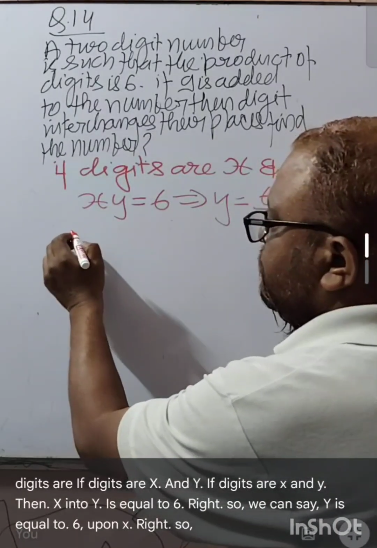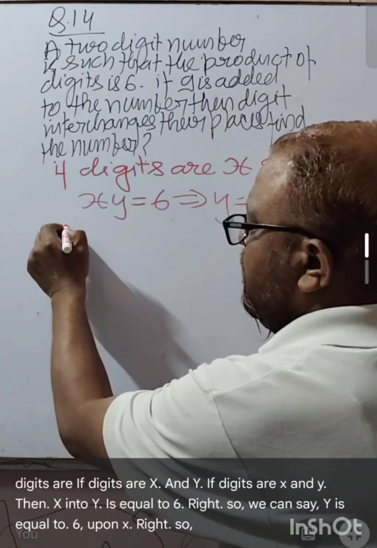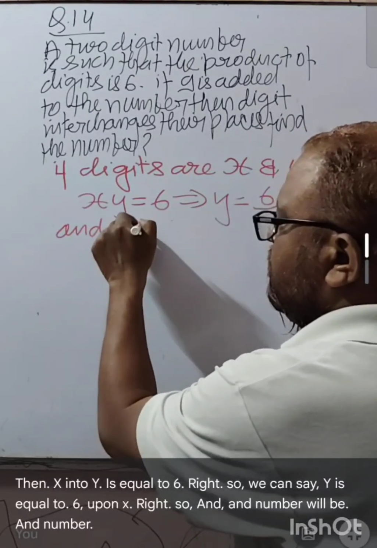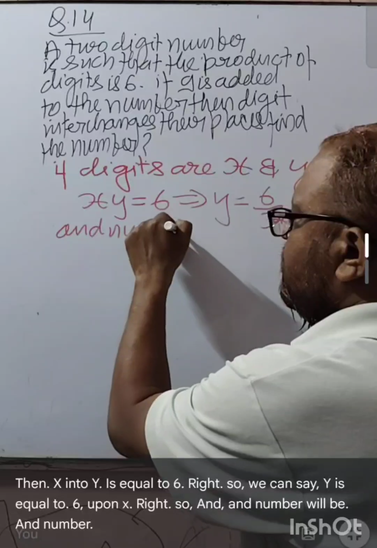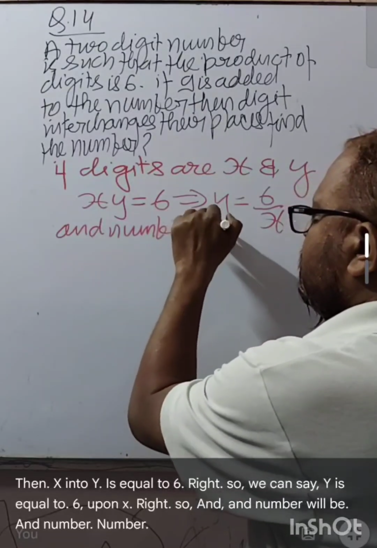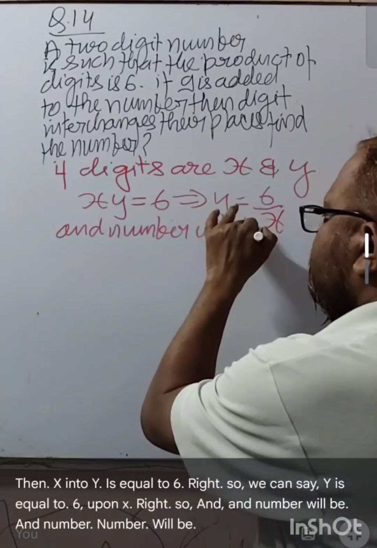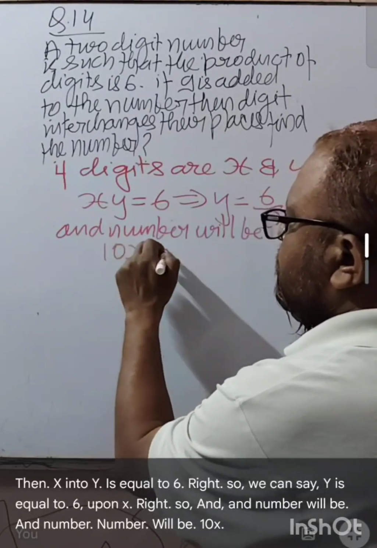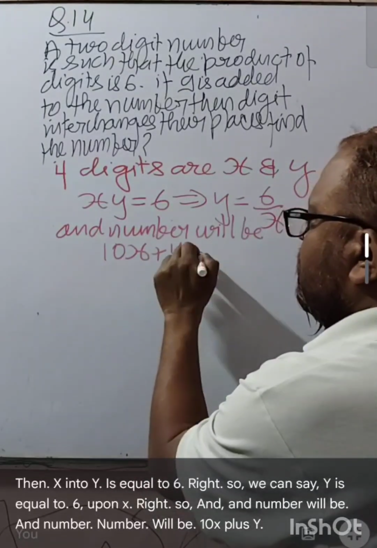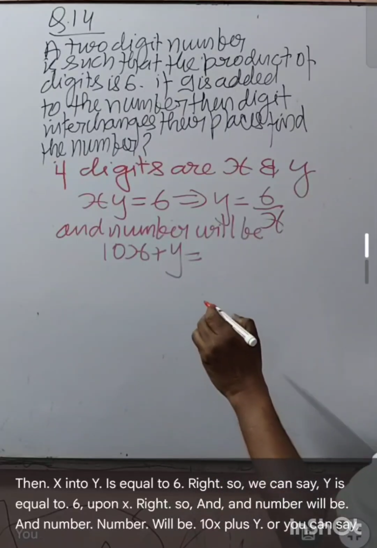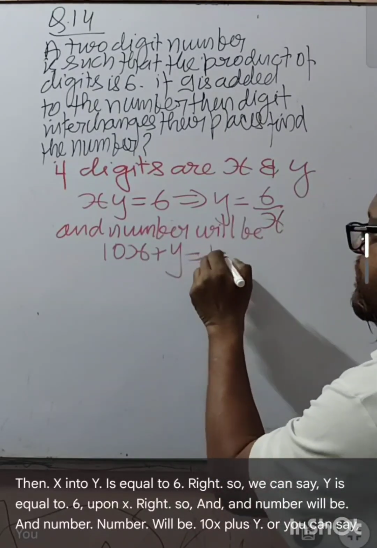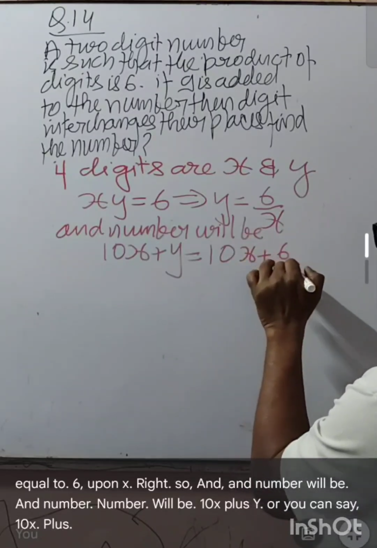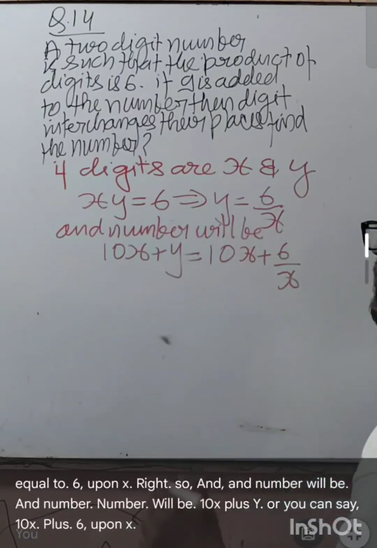And the number will be 10x plus y, or you can say 10x plus 6 upon x.